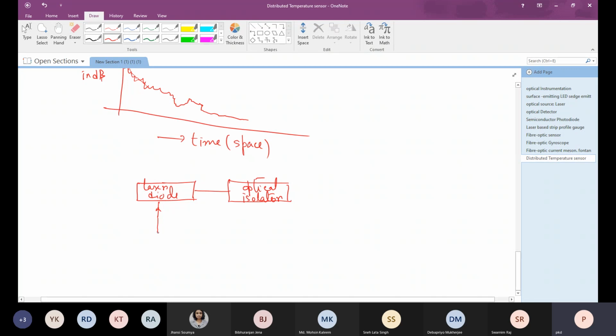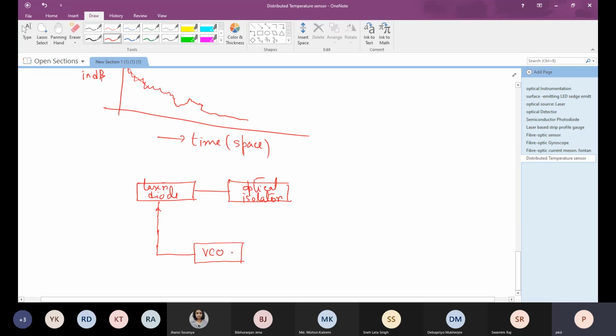So direct modulation, of course, is done generally with a DC part, with an AC part on top of the DC part. Because if I switch off the laser diode, then it takes some time to turn on.